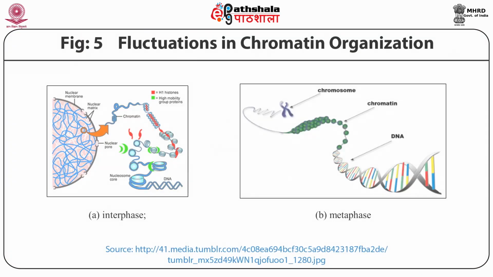Chromatin is present almost in all cells with an exception of erythrocytes. During interphase, chromatin is distinguishable as two different forms, that is, euchromatin and heterochromatin. Histones are the most abundant proteins in chromatin.